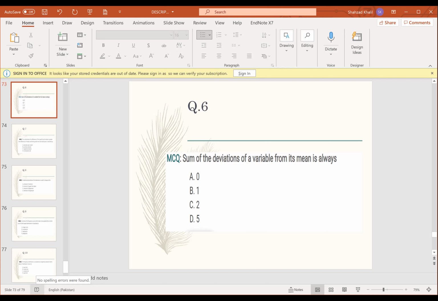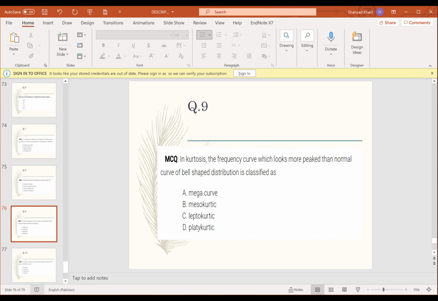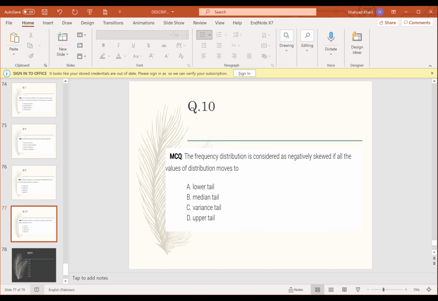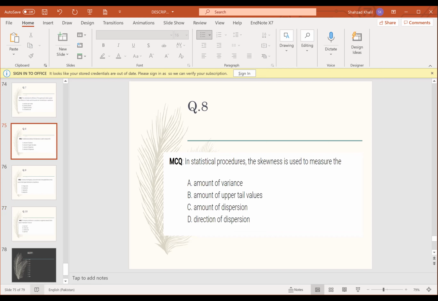Similarly, you have shown another MCQ for skew distribution. Would you please go to that? Please go to the previous one, number 8. In statistical procedures, the skewness is used to measure the... Again, this is a very confusing MCQ because no scenario has been given.